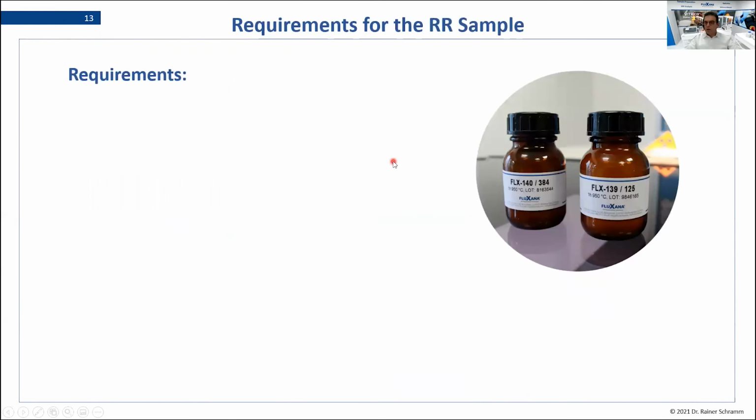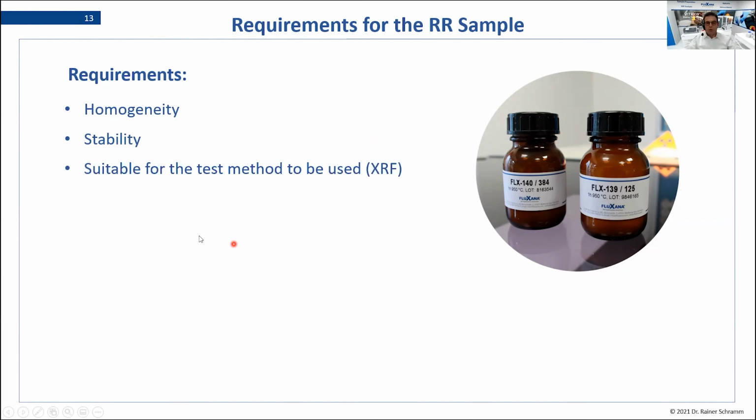If we look on the material, there will be some requirements. First of all, it must be homogeneous. Then it must be stable over the whole time of this procedure. And it should be suitable for the test method we want to use it for. And if it's really stable for a long time, it could be also a candidate for a CRM we can then produce later on.